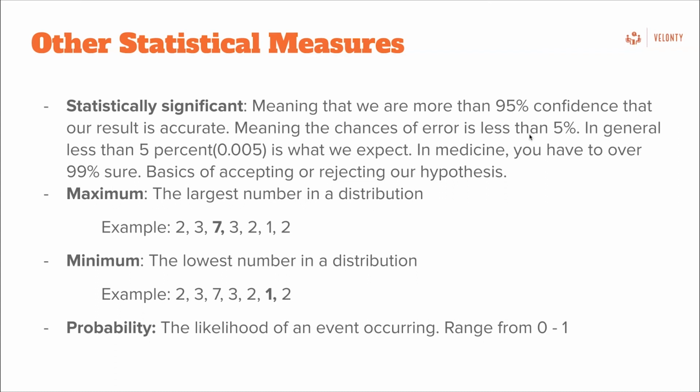That's 0.05. In general, less than 0.05 is what we expect. In medicine, you have to have over 99% accuracy. So this is the basis for accepting or rejecting our hypothesis.